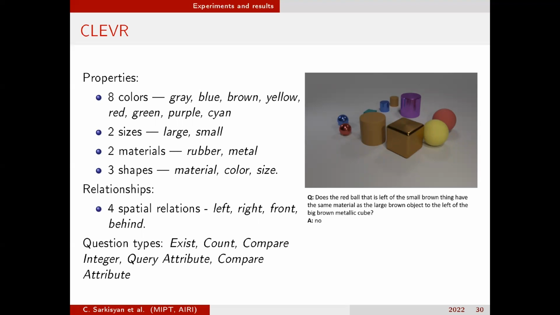The first one is CLEVR. CLEVR is a synthetic dataset that contains images of 3D rendered objects and compositional questions. A scene object can be characterized by its shape, material, color, and size. There are 4 types of spatial relations and the relation of equality or inequality.